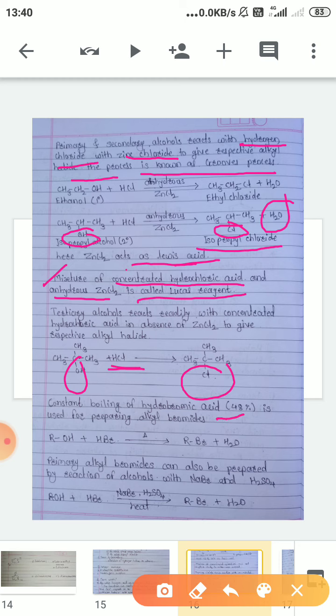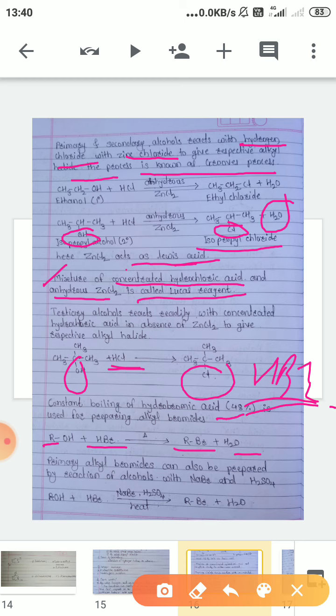Now if we want to prepare bromides, then hydrobromic acid, HBr. If we boil alcohols with HBr, it easily gives RBr, that is alkyl bromide, with a water molecule.